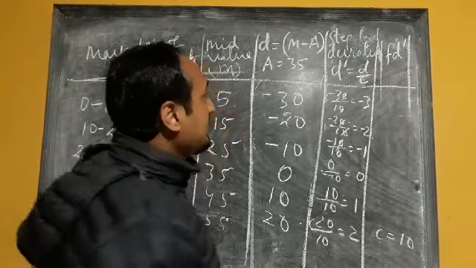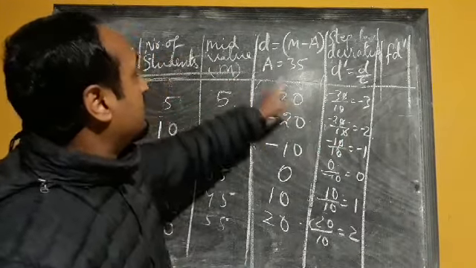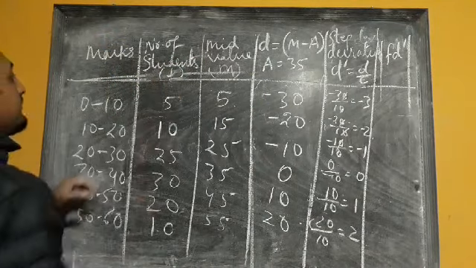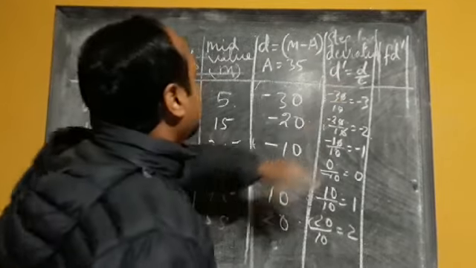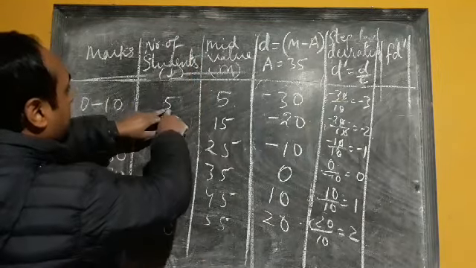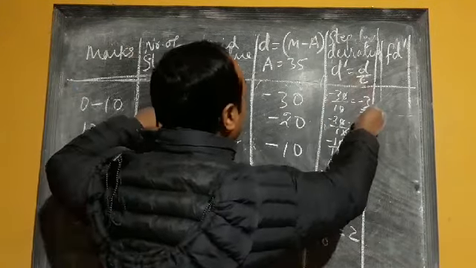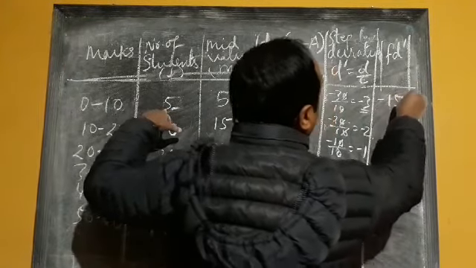Now we have to calculate f d dash. We have the number of students, the frequency, and d dash from the given observations. For the first, frequency 5 and d dash minus 3: 5 threes are 15, so minus 15.